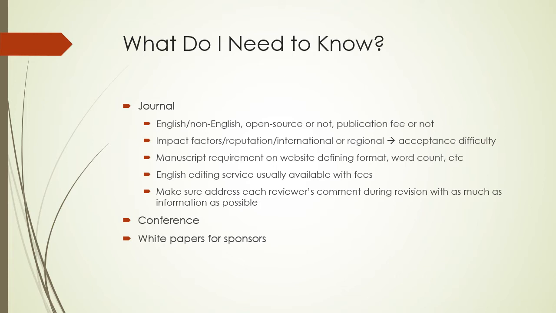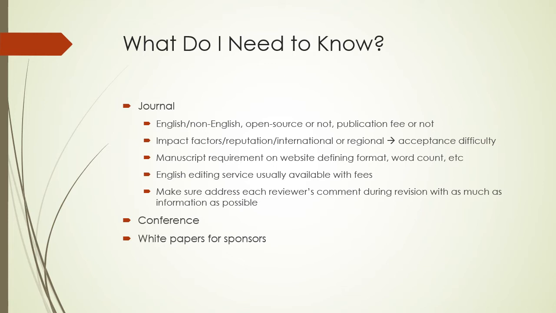And if you are not an English speaker, a lot of journals, international ones, have an English editing service for a fee. And once you go past the initial manuscript submission, you're going to get either rejected or accepted. Outright acceptance is really rare. A lot of them will be rejected, and a lot of them will have revision, either major revision or minor revision. Minor revision usually contains pretty small changes, editing you want to do.